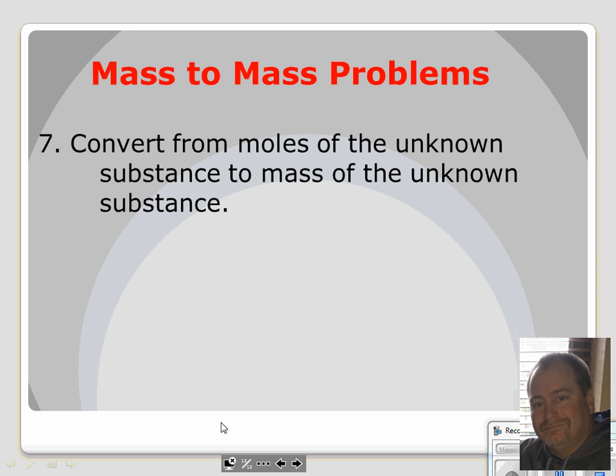The next step is convert from moles of the unknown substance to mass of the unknown substance.